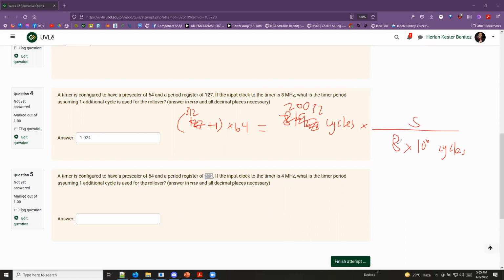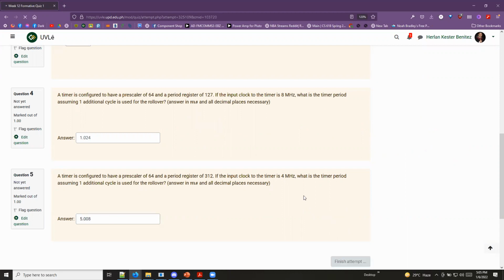And then 4 megahertz this time. Which gives us 5.008 milliseconds.